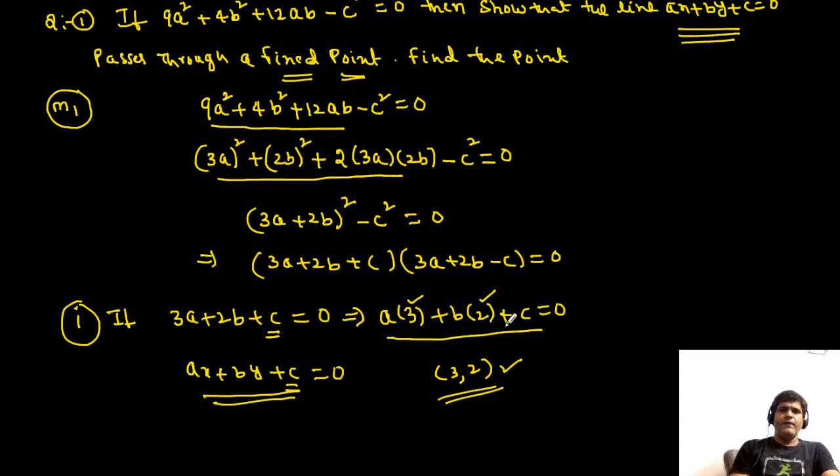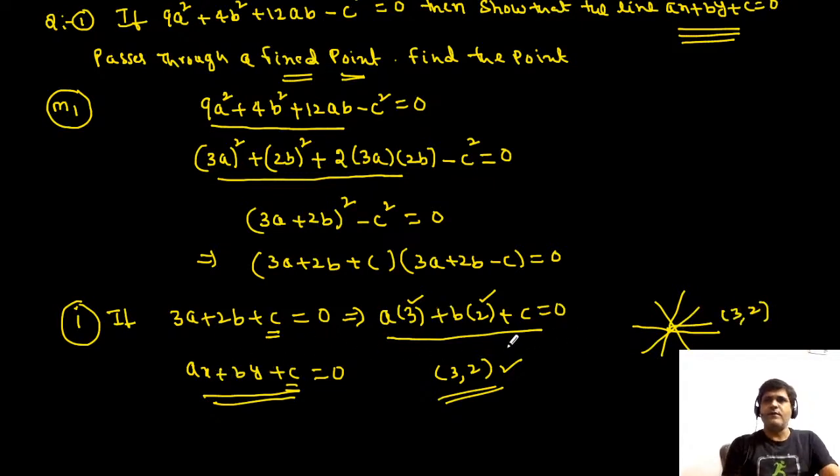For different values of a, b, c you have different lines. As a, b, c vary, these lines vary, but the family always passes through (3, 2). The point of concurrency is (3, 2). This is the first part.